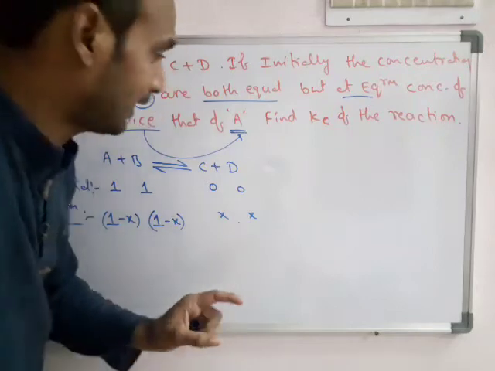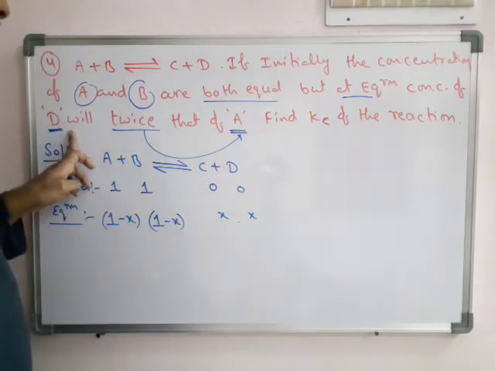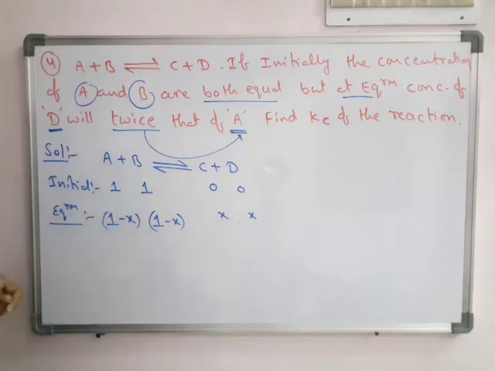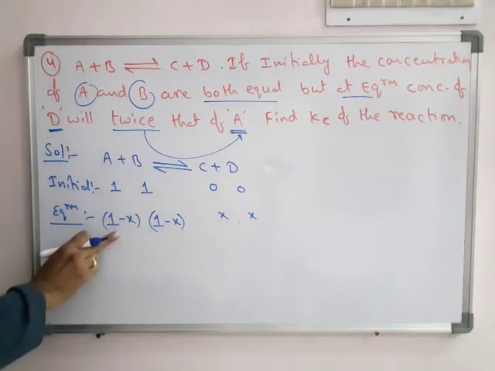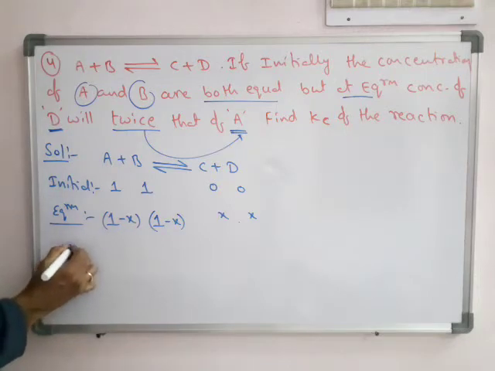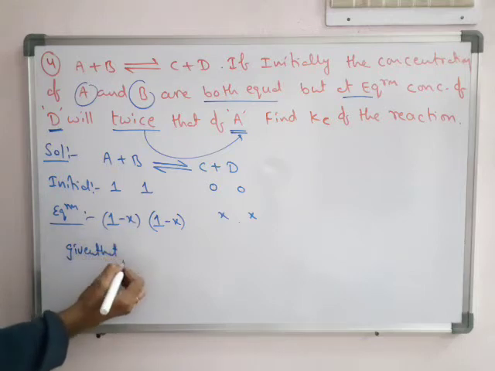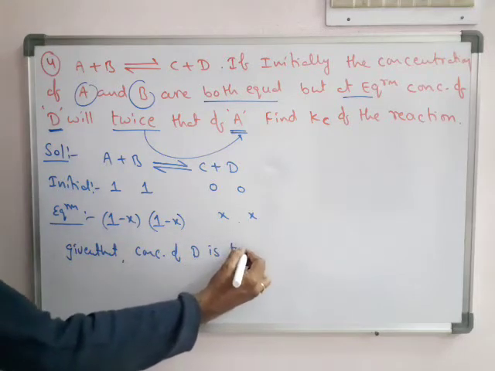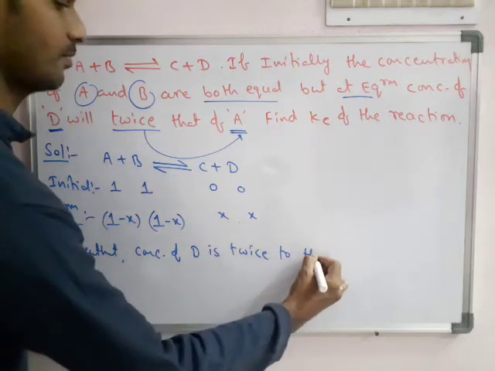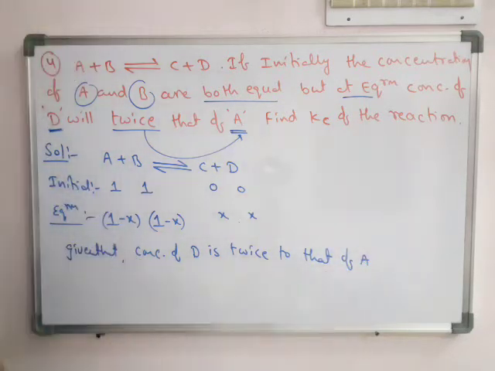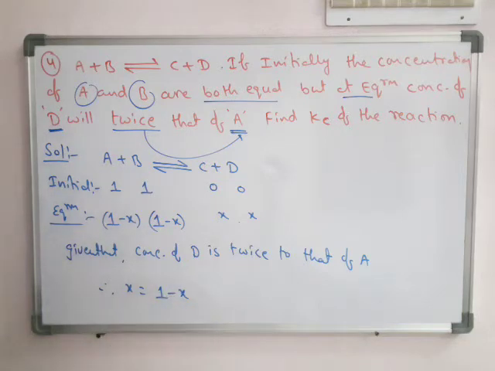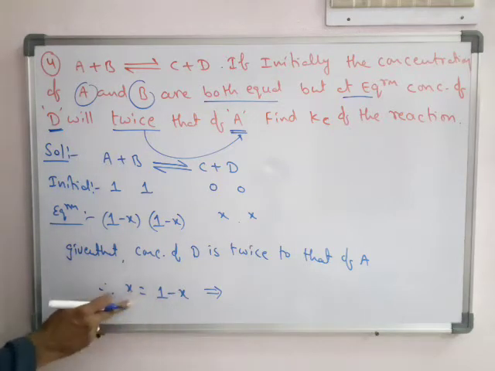The clue given is that at equilibrium the concentration of D is twice that of A. And what is the value of x? x is equal to twice the concentration of A. So we can write x equal to 2 into 1 minus x.